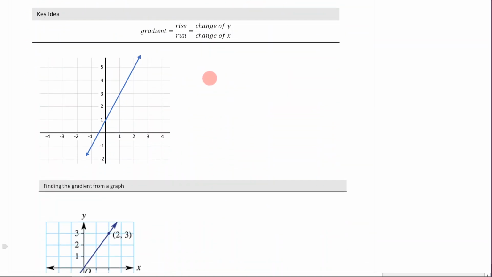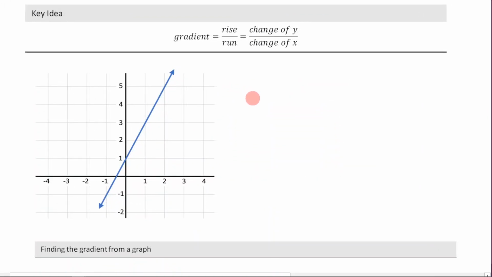We now need to take this key idea of rise over run and see if we can apply it to finding the gradient of a line when we are on a Cartesian plane. So we're just building up slowly here. We've got our gradient, and we know that my gradient is equal to my rise over run. Well, my rise when I'm on a Cartesian plane is just going to be the change in the y value, and my run is just going to be the change in the x value.